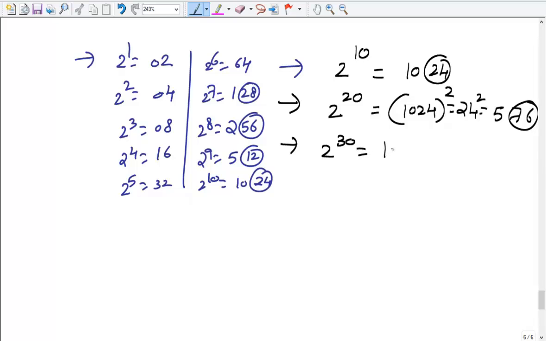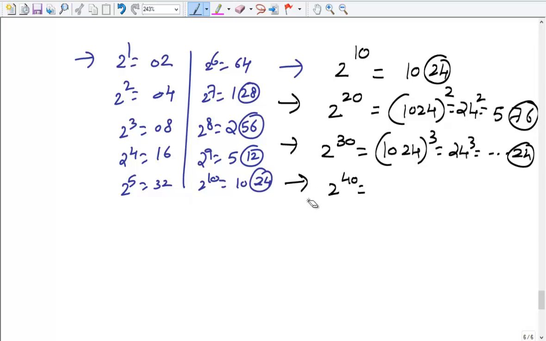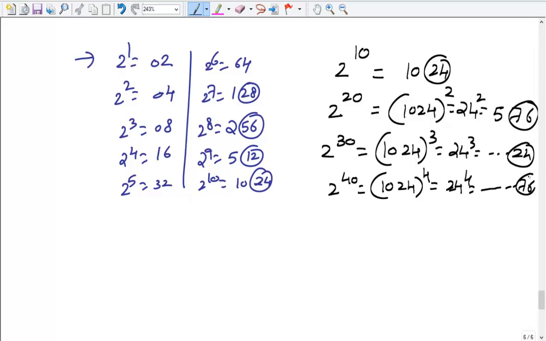That's 2 power 10 whole cube, 1024 whole cube, 24 whole cube, a number ending with 24. Now 2 power 40 is 2 power 10 whole power 4, that's 24 whole power 4, which ends with 76.